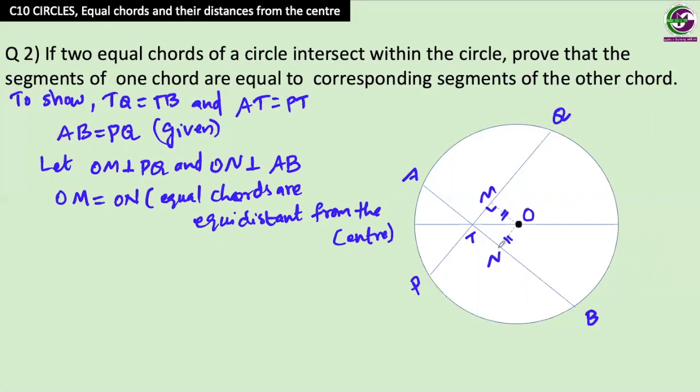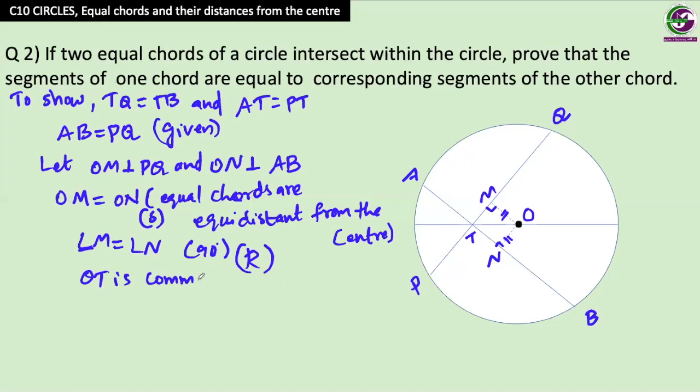And there is a 90 degree. OT is common. So we have angle M is equal to angle N is 90 degree because it is the distance. So we have a right angle and we have a side here. Now, what about OT? OT is common, and it is the hypotenuse.